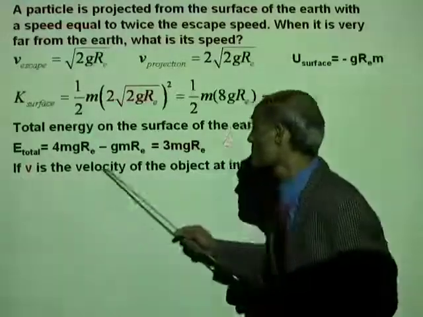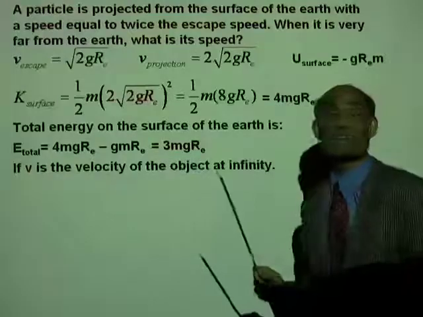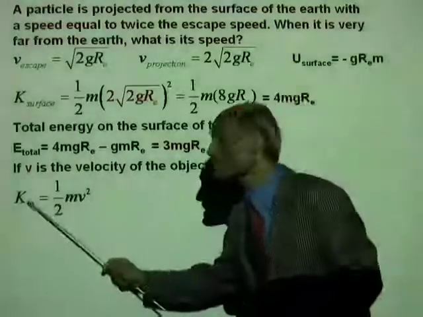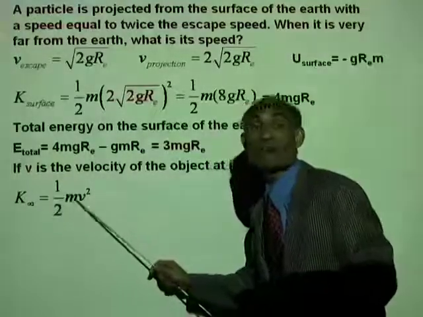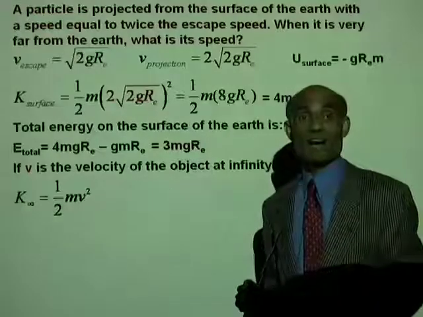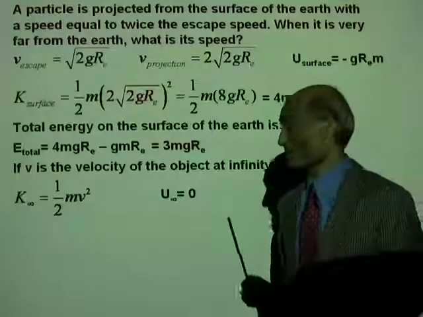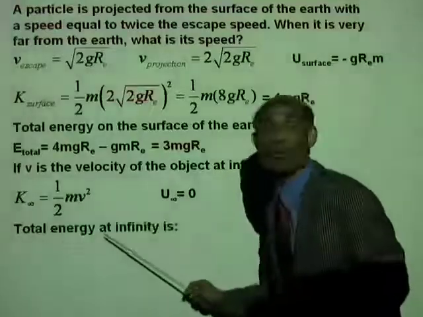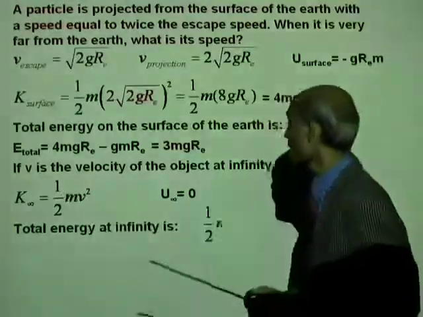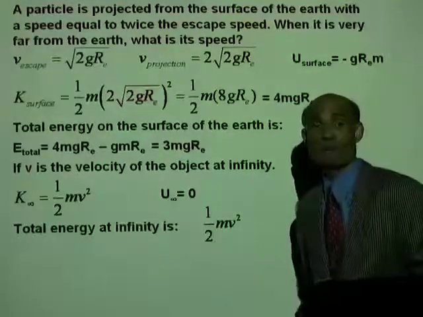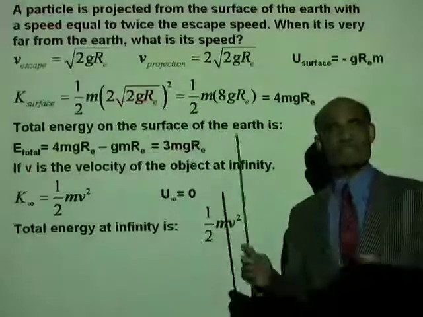So if v is the velocity of the object at infinity, its kinetic energy will be 1/2 mv squared, and its potential energy will be 0. The total energy at infinity is therefore 1/2 mv squared. Look at how simple this problem is.